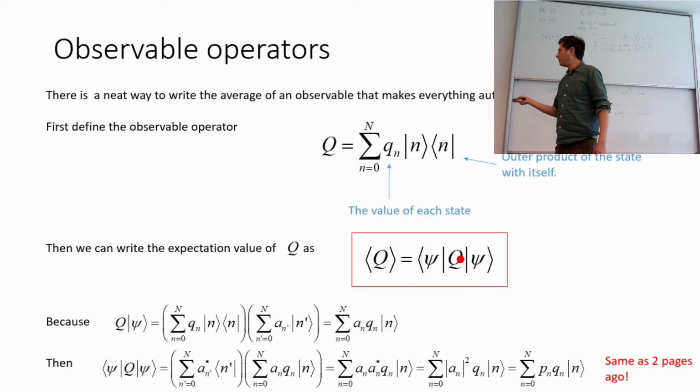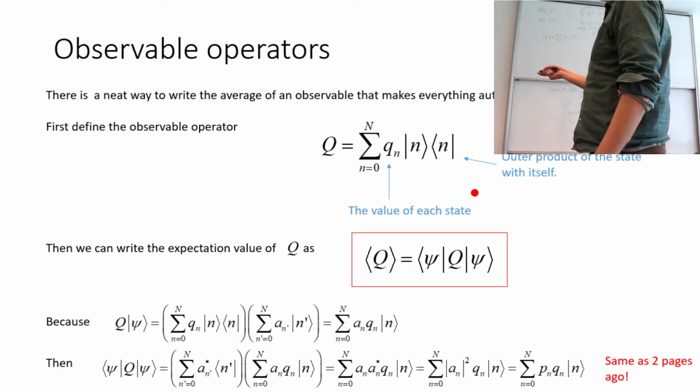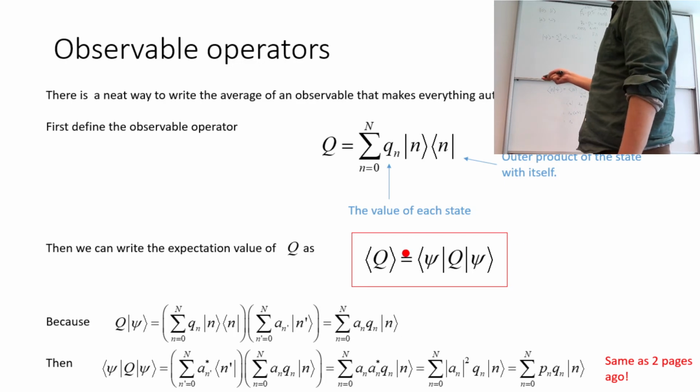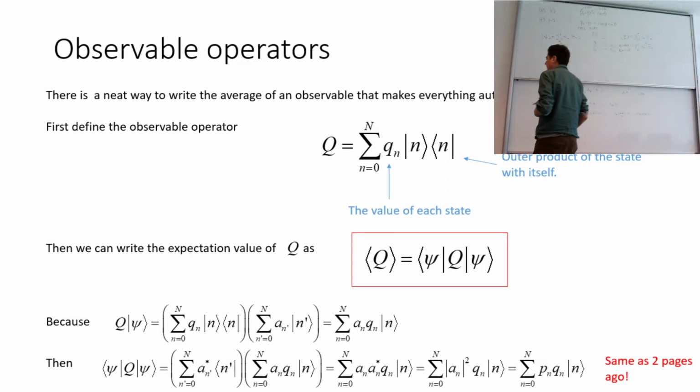So this is actually a matrix. Then you just sandwich the states. The state is like the bread, and the operator is like the thing inside your sandwich, right? And if you calculate this quantity, that will turn into the average value of Q.